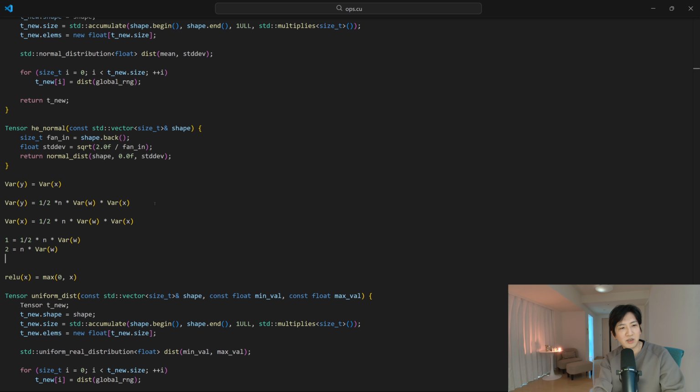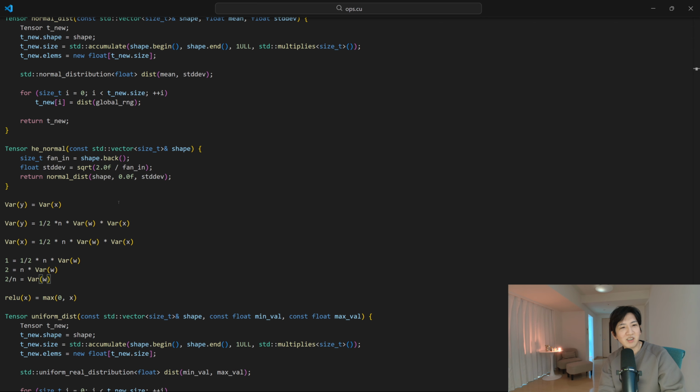And you divide by 1 over n to get 2 over n, which is equivalent to the variance of w. So you want the variance for the weights to be 2 over n.